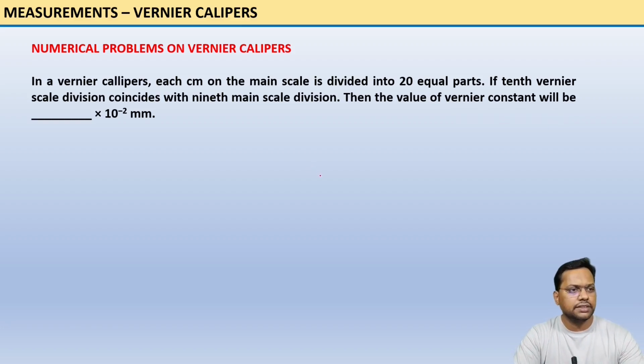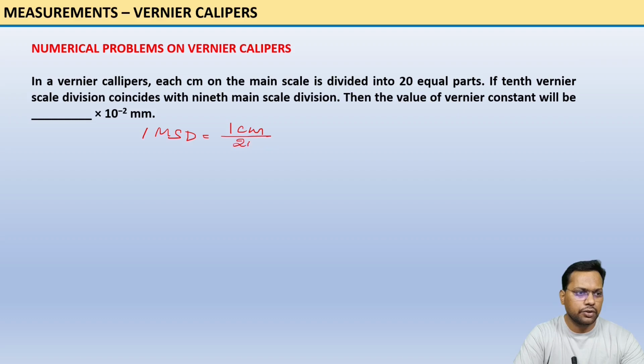So here each centimeter on the main scale is divided into 20 equal parts. Therefore, one main scale division, 1 MSD, is equal to 1 centimeter divided by 20, that is 0.05 centimeter or 0.5 millimeter.